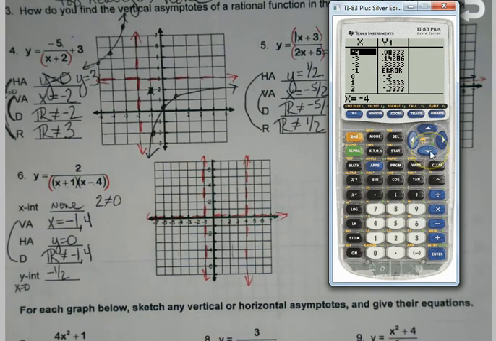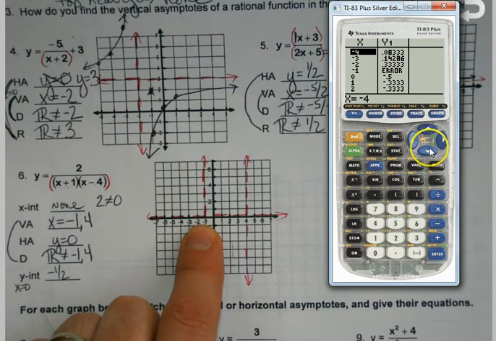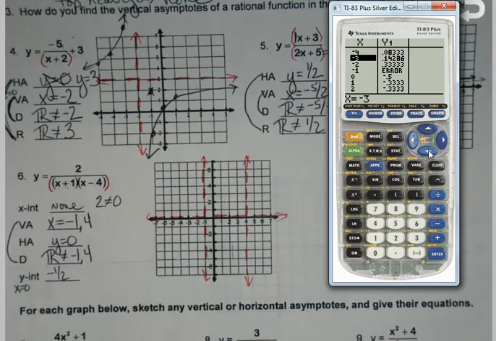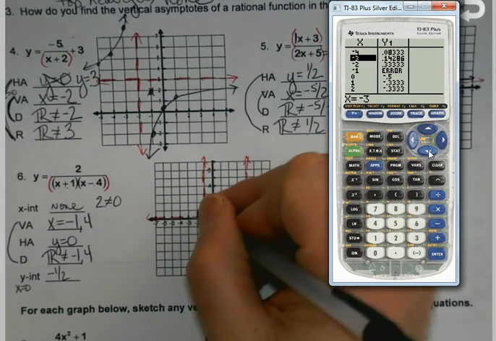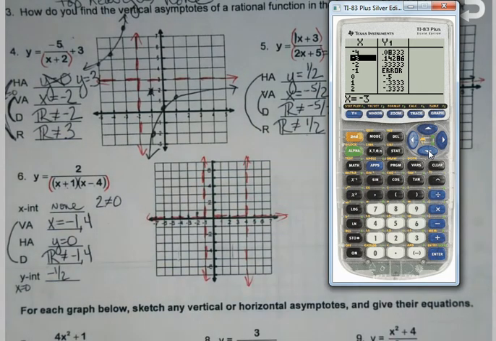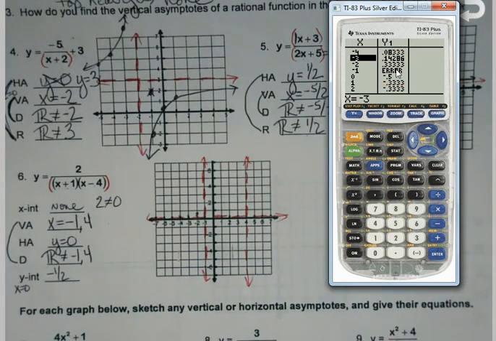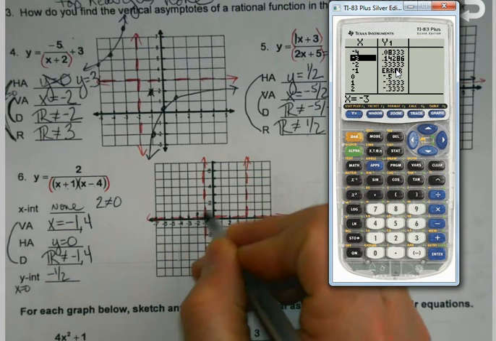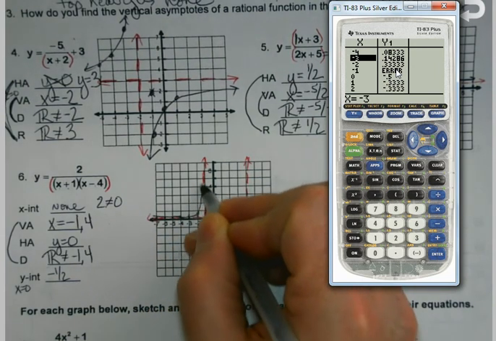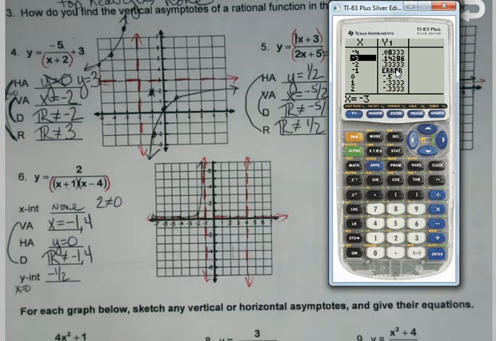So I look, I'm like, okay, I got a vertical asymptote at 1. And I notice all of my points are really, really close to 0. I'm like, this is kind of weird. I mean, it does seem like it's just going to go, but it's going to hit those, and then all of a sudden it's going to start taking this jump.